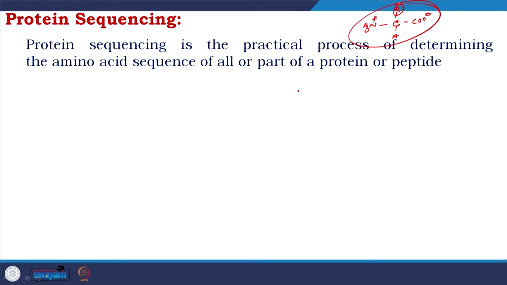So, when one amino acid wants to join with another amino acid, I just take the charge out, so COOH and NH2.